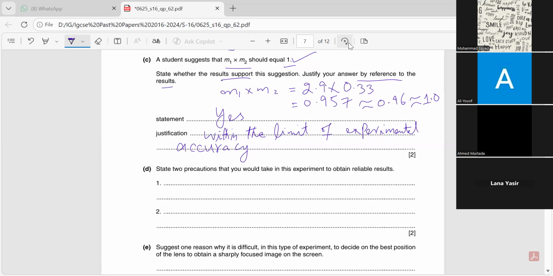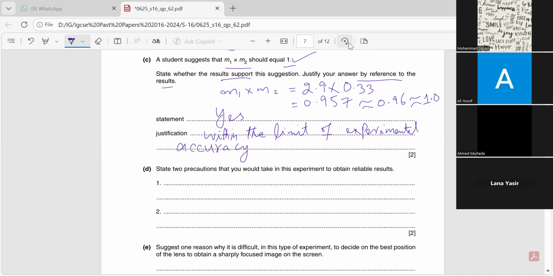Now, precautions: state two precautions that you would take in this experiment to obtain a reliable result. I told you many.